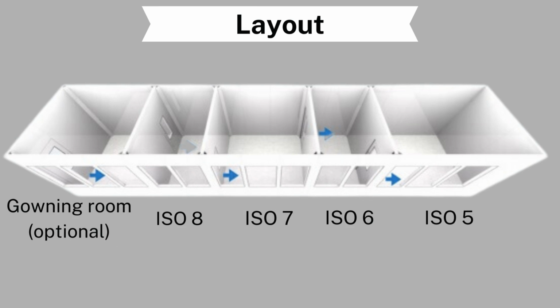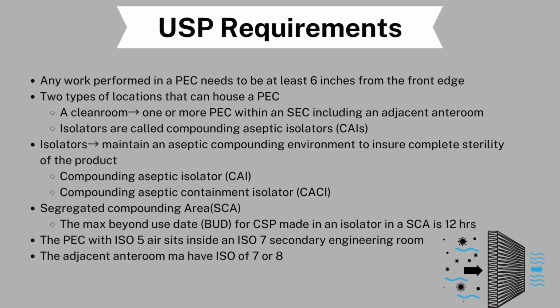And here you can see the layout of the rooms. Any work performed in a PEC needs to be at least 6 inches from the front edge. There are two types of locations that can house a PEC: a clean room, which is one or more PECs within an SEC, including an adjacent anteroom, and isolators that are called compounding aseptic isolators, CAI for short.